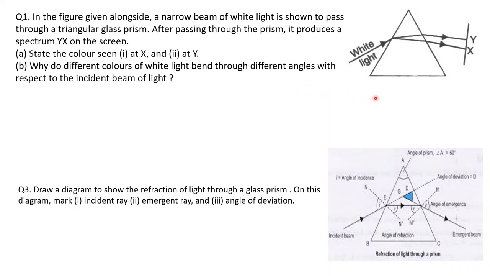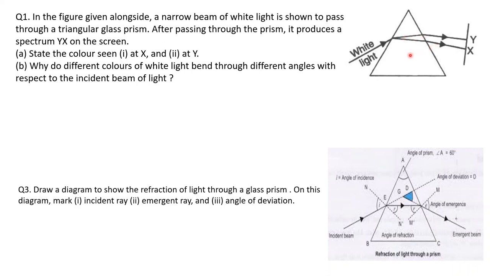So all the constituents of white light, all the 7 colors, the VIBGYOR that we have done, travel in air with the same speed, that is 3 into 10 to the power 8. But as soon as they enter into a medium other than air, their velocity changes.